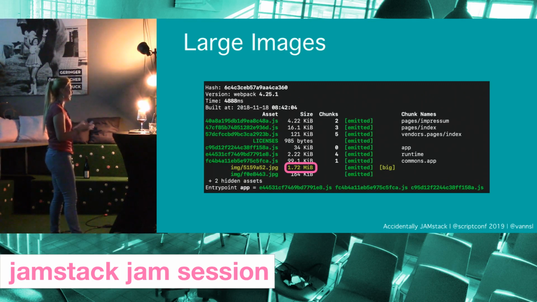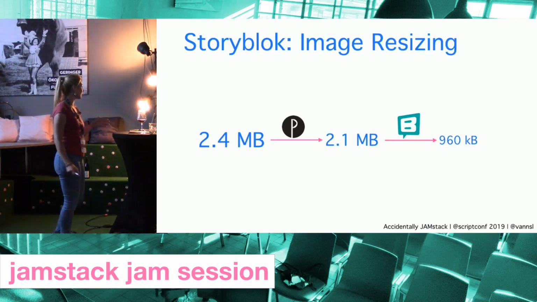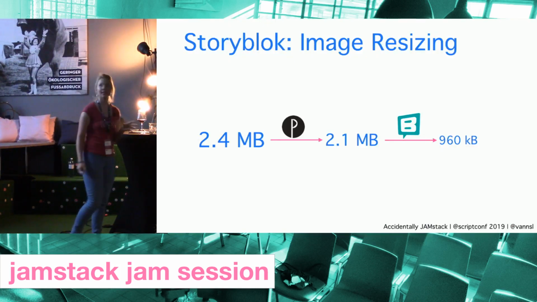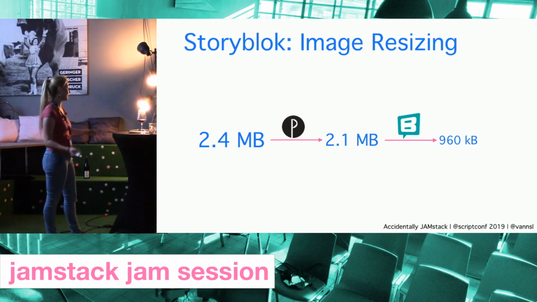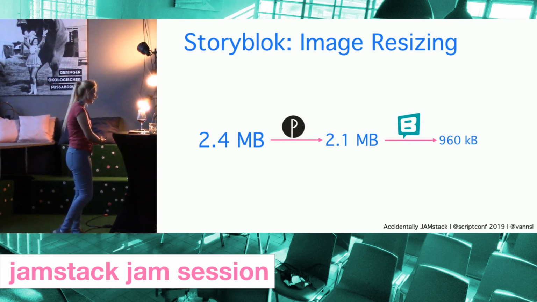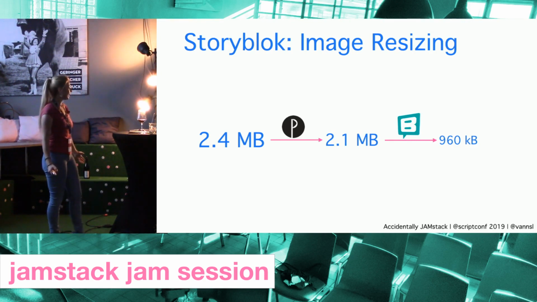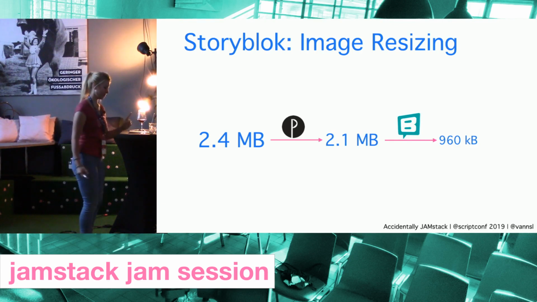And so I used the headless CMS only for my images, and therefore I could reduce the size of my project from 2.4 megabytes, then adding Purge CSS to 2.1 megabytes, and then I still had this huge image, and then I got under 1 megabyte, and I was like, okay, nice, now let's make an experiment.